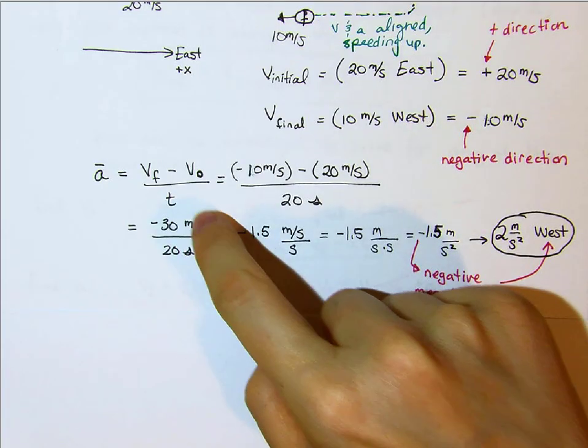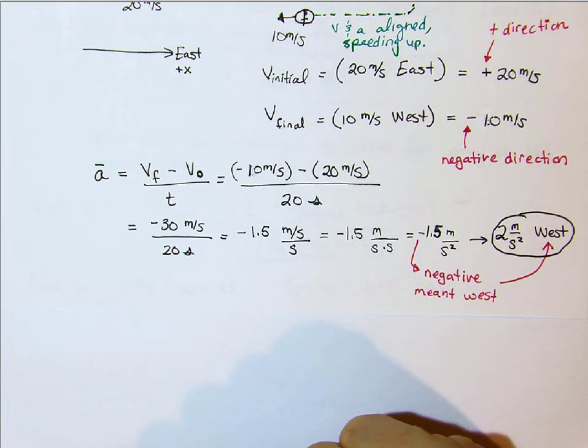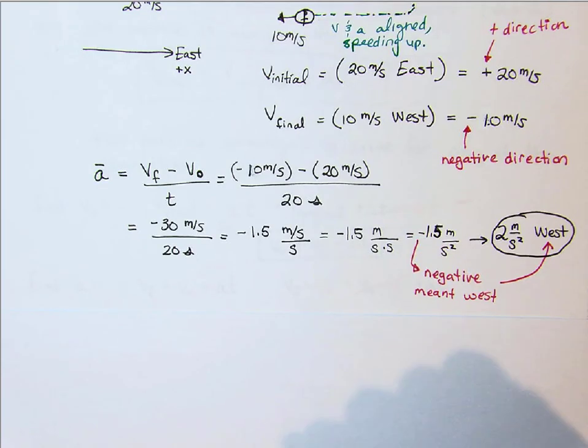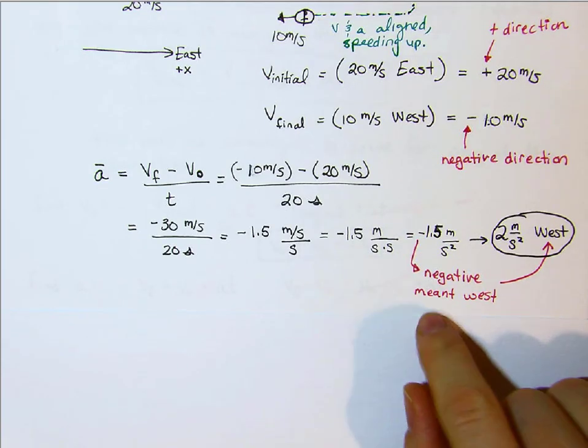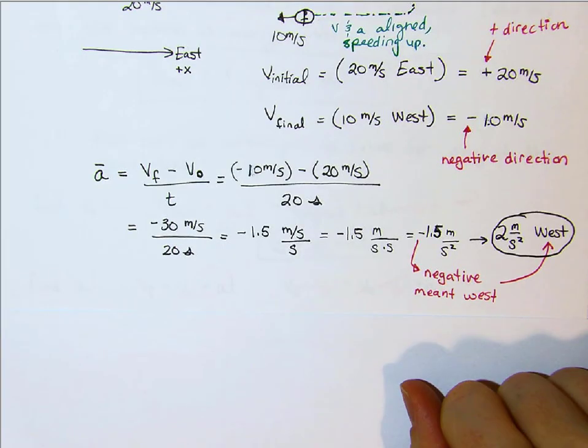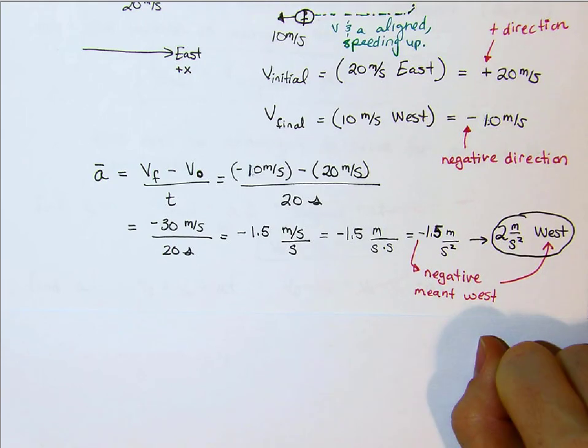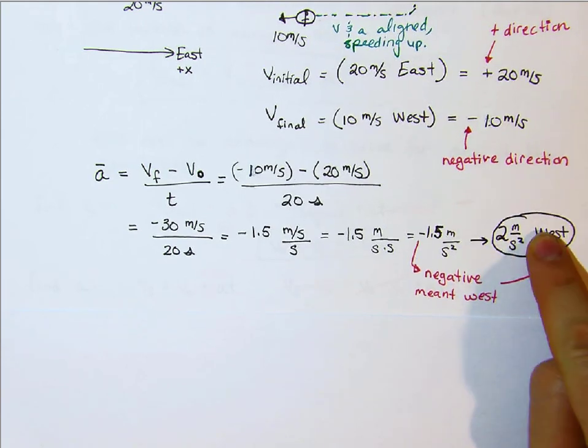A meter per second divided by a second can be rewritten as a meter per second squared. Our average acceleration came out to be negative, and that is fine because that is our direction. The acceleration was west. For final answer, I'll round it to 1 sig fig, make sure I've got the right units on there, and it was a vector, so I have a direction.